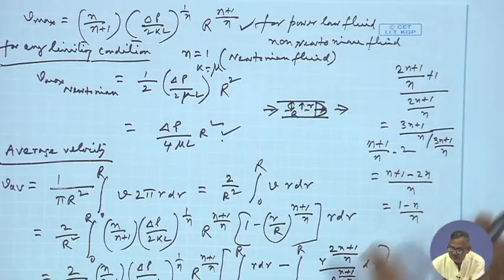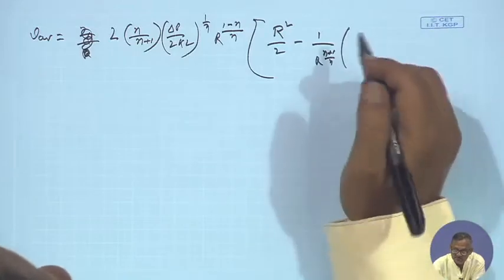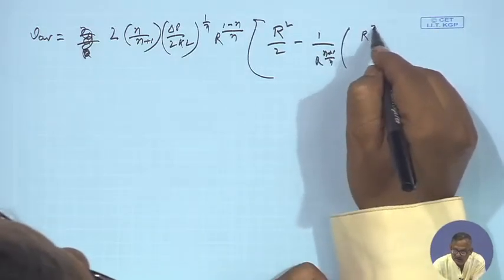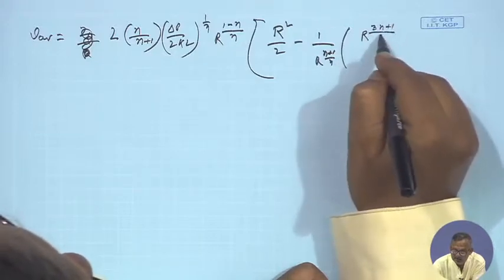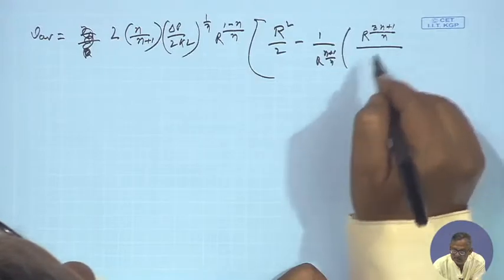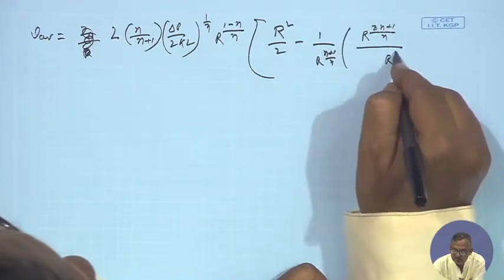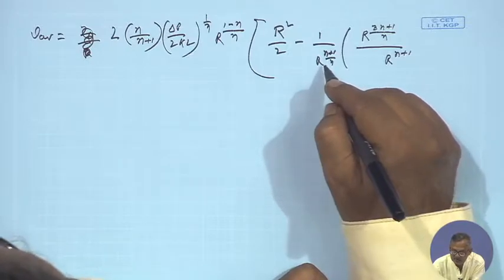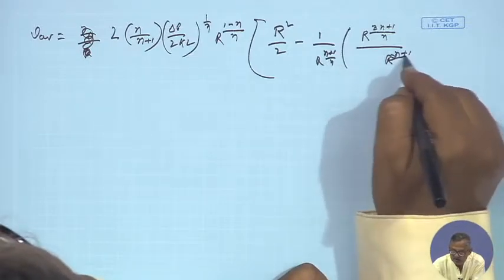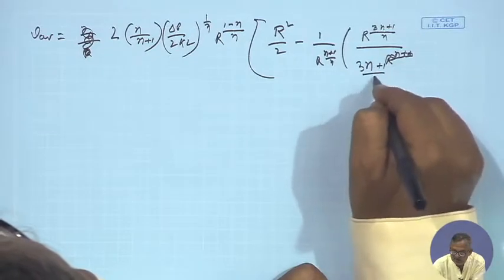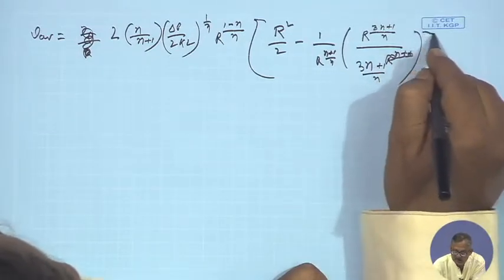So, we can write this to be equal to r to the power 3n plus 1 by n, right, divided by r to the power n plus 1, which we have already taken out. So, 3n plus 1 by n, right.